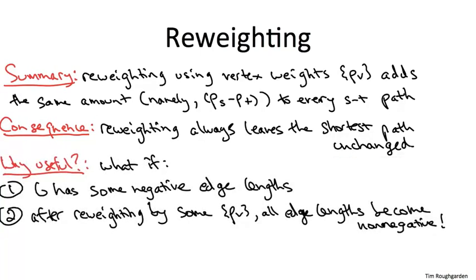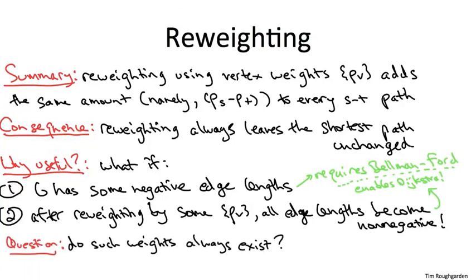If such a transformation existed, I hope that its use would be clear. This would transform an instance of shortest paths where it seems like we're stuck with the Bellman-Ford algorithm because we start with negative edge lengths, and it transforms it into an easier one where we can apply Dijkstra's shortest path algorithm.